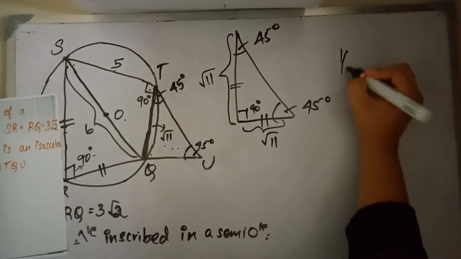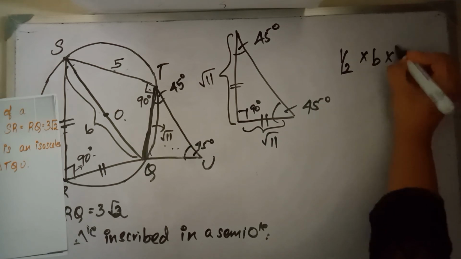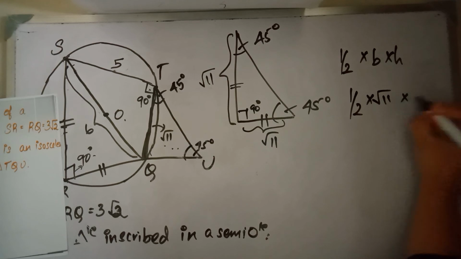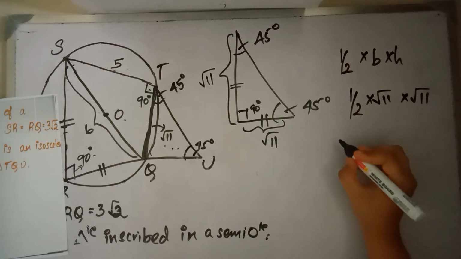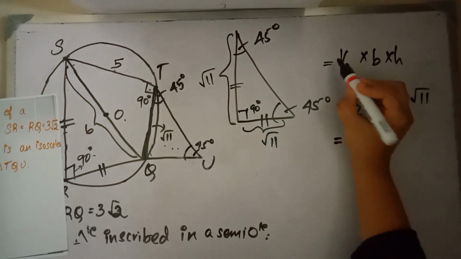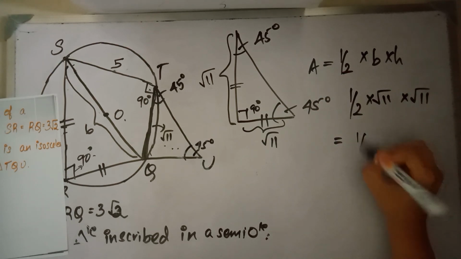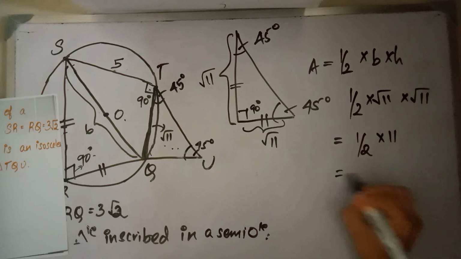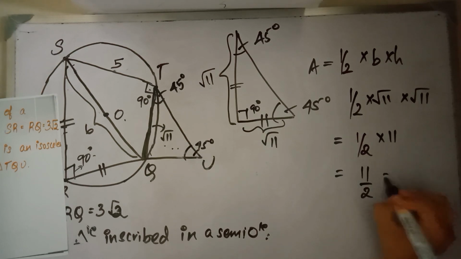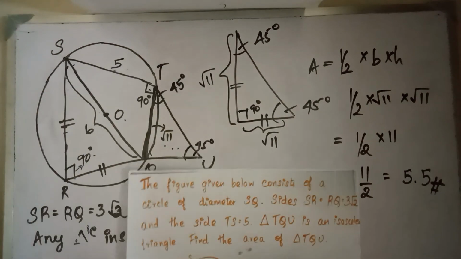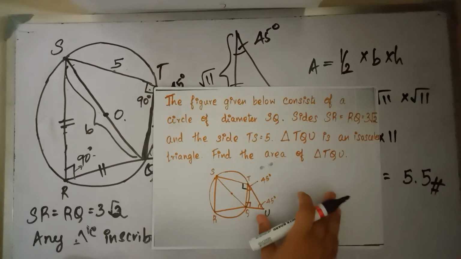So we have the base and the height. What is the base? Root 11. And the height is also equal to root 11. So we can easily find out the area using this formula, half into b into h. We have half into 11, and that gives us 11 by 2, which is 5.5. So we have found out the area of the isosceles triangle, and that is 5.5.